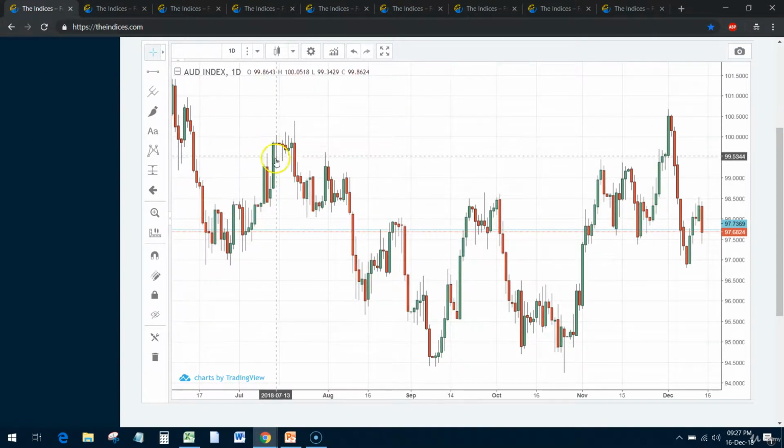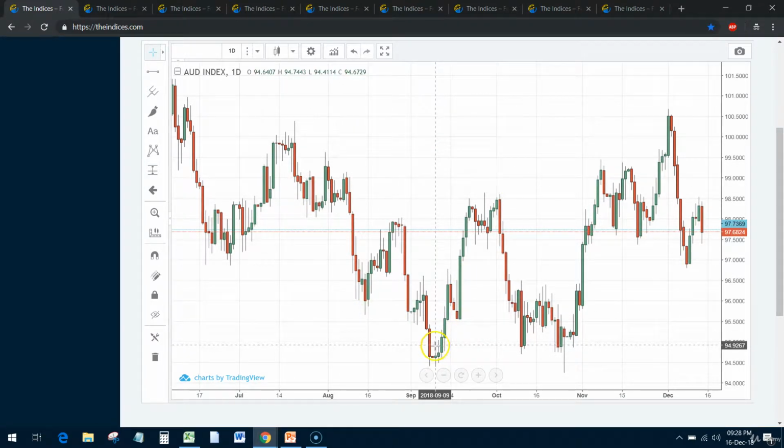So as you can see, the Australian dollar index, what does it really mean? It's nothing but a collection of Australian dollar pairs against several other currencies. So it has Australian dollar and Euro, AUD GBP, etc., etc. So the compilation of all these pairs put together in this group shows how the Australian dollar has fared in recent days or recent months or recent weeks.